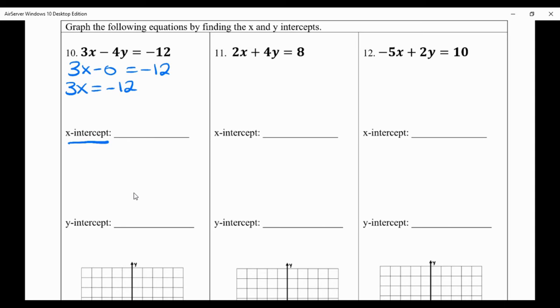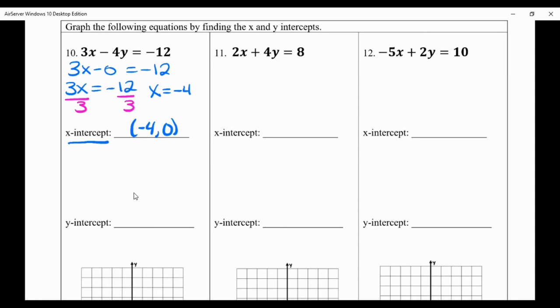Now we want to solve this equation for x, so we're going to divide both sides by 3. And we get x equals -4, which makes the x-intercept -4, 0.